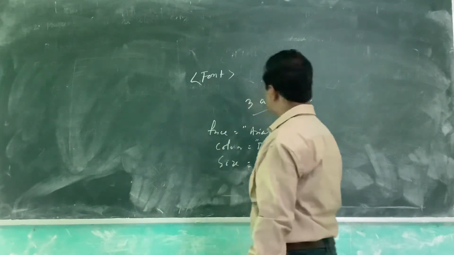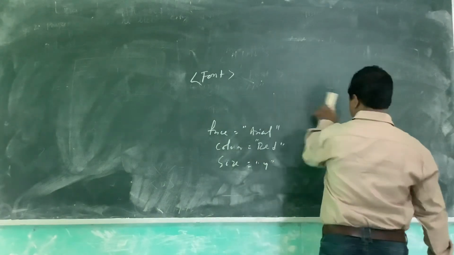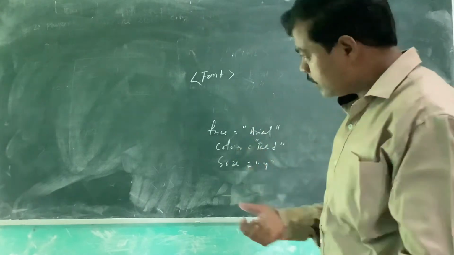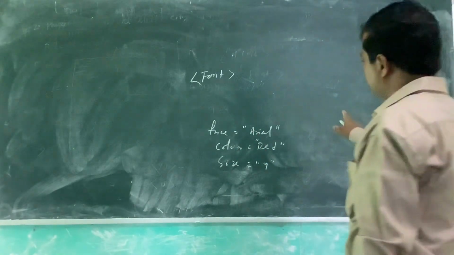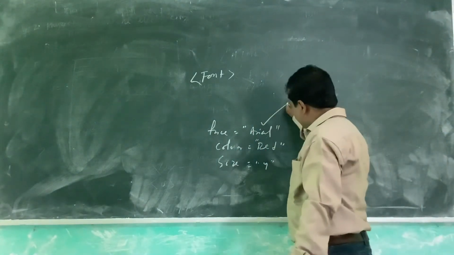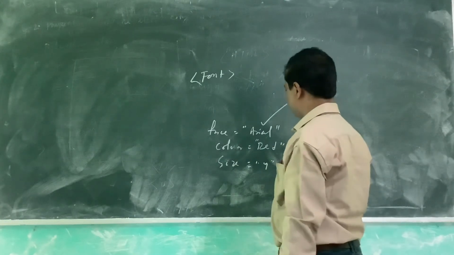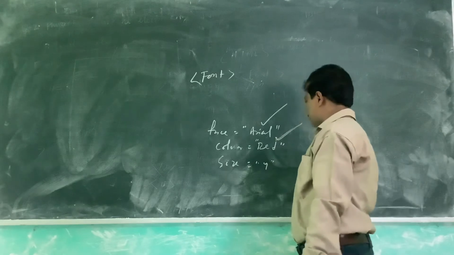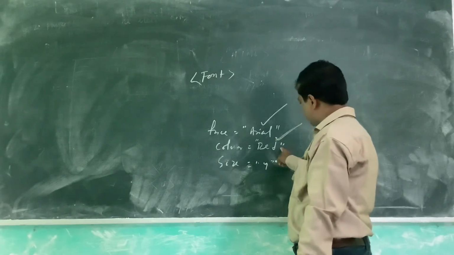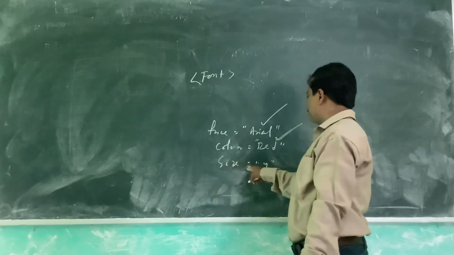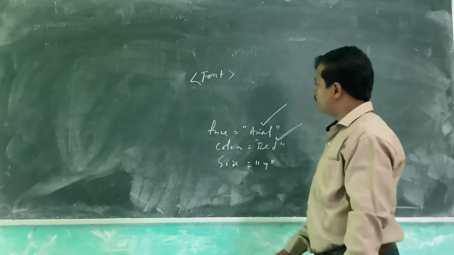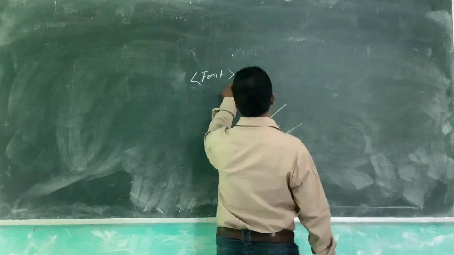That means if you want to see the text in Arial font type, the color of the text will be red, and you want to give the font size 4, then you need to write these attributes.